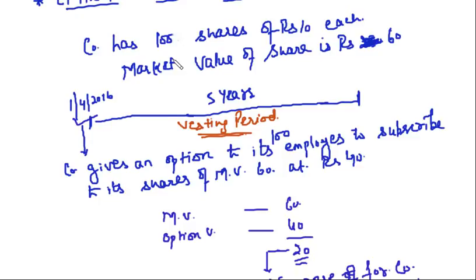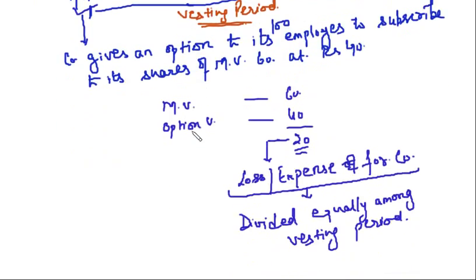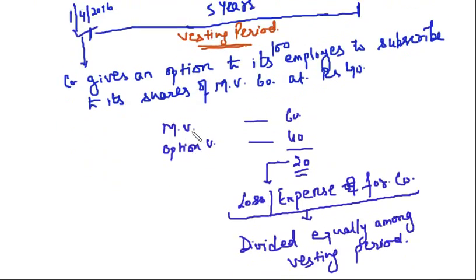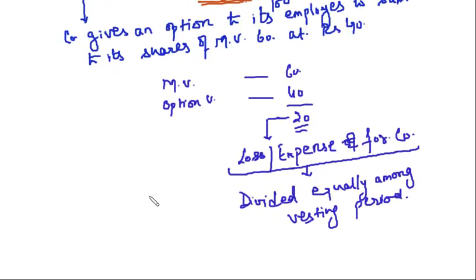So you can write this down. This much you can write down. Vesting period. Clear? So this is ESOP, where the option is given to the employees to subscribe to the shares of the company, right?